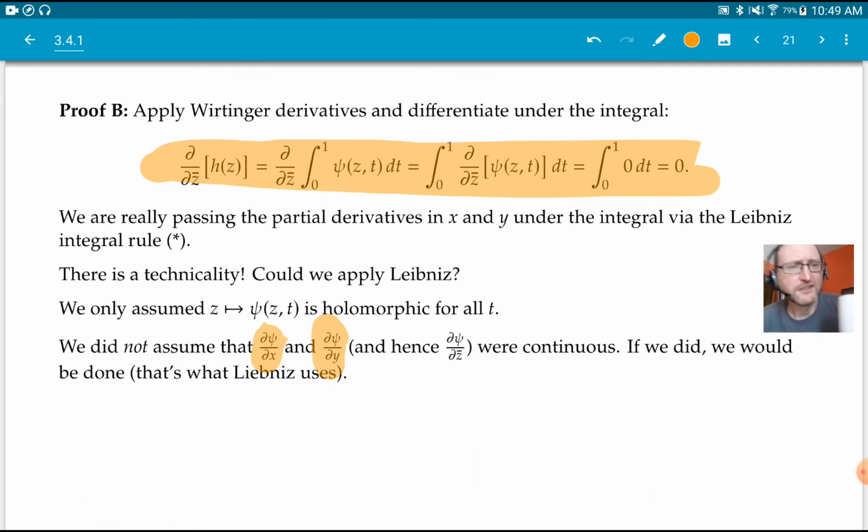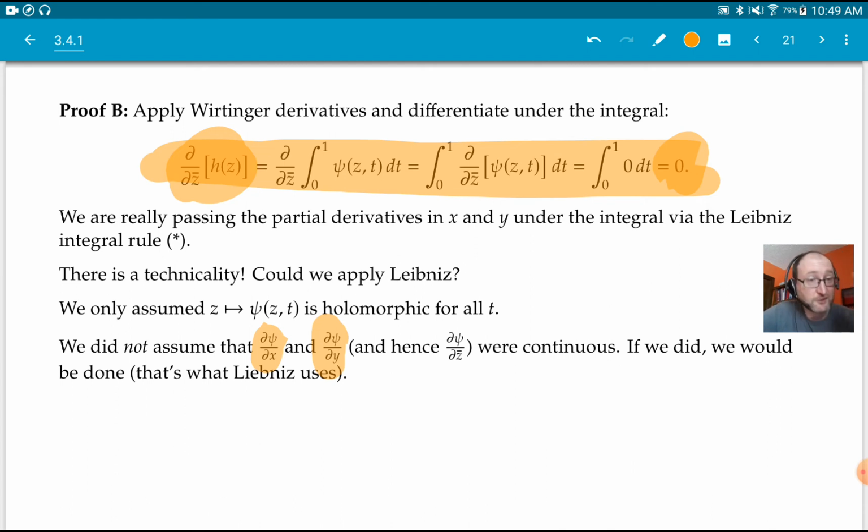Because that's exactly what the Leibniz rule gives us. I mean, you can do this in more generality, but we only know that this guy being zero implies holomorphic if h was actually C1. So we had better have C1.